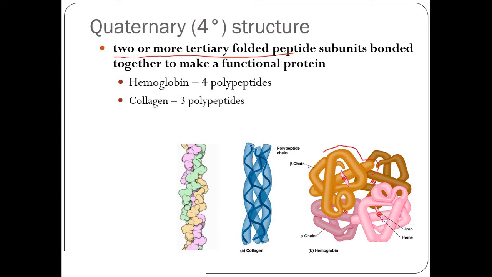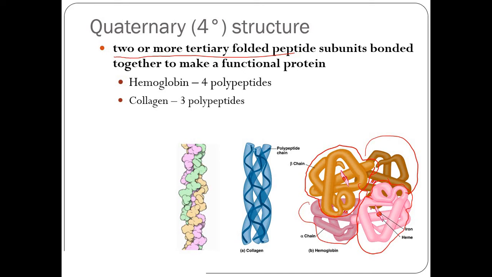This structure is just a single polypeptide with primary, secondary, and tertiary structure, right? This one is another polypeptide that has primary, secondary, and tertiary structure. That is why it is 3D, right? This one is another with primary, secondary, tertiary, and so is this one. So when these four interact with one another, they now have what we call the quaternary level of structure.